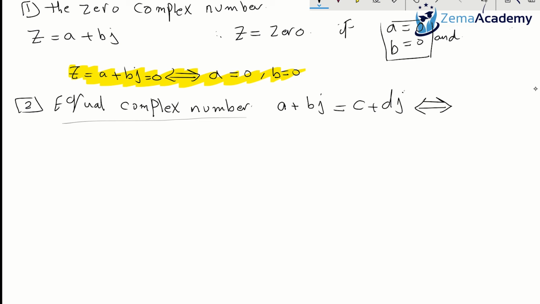These two complex numbers are equal only if a equals c and b equals d. So the real parts are equal and the imaginary parts are equal. Basically, a equals c, this is the real part, and b equals d, this is the imaginary part.